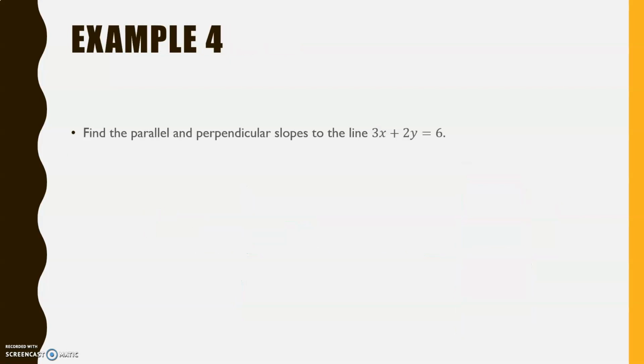Find the parallel and perpendicular slopes to the line 3x plus 2y equals 6. I'm going to solve for y so that I can find my slope first. I'm going to divide by 2 for everything, and we're going to get y equals -3/2 x plus 3.